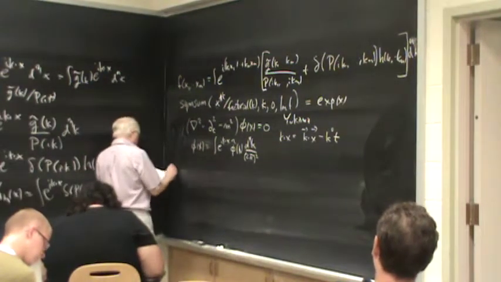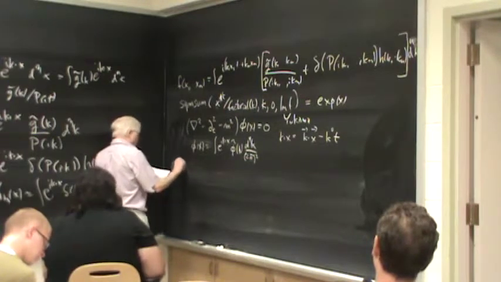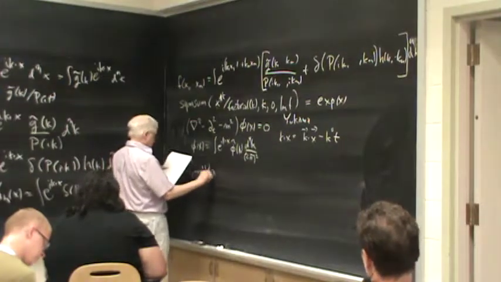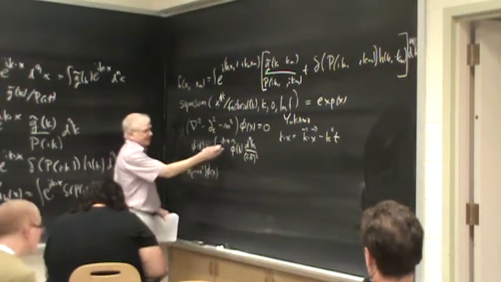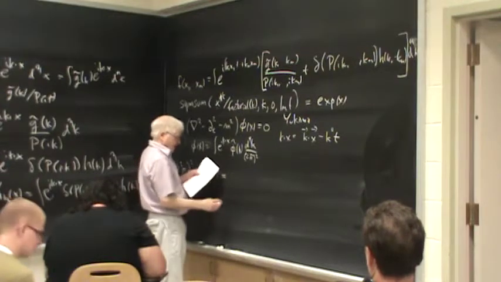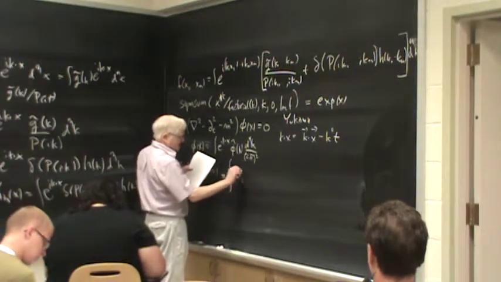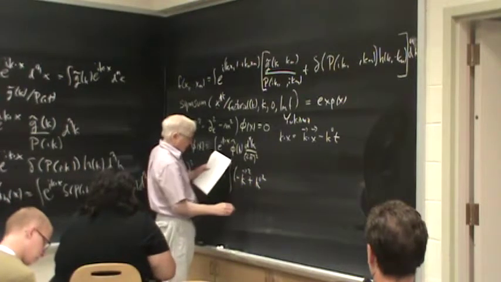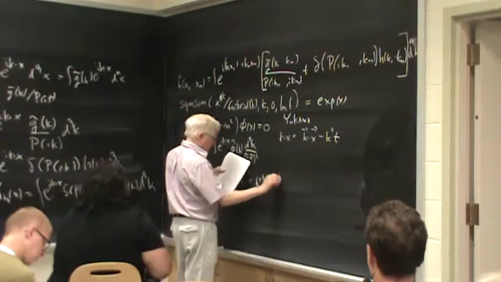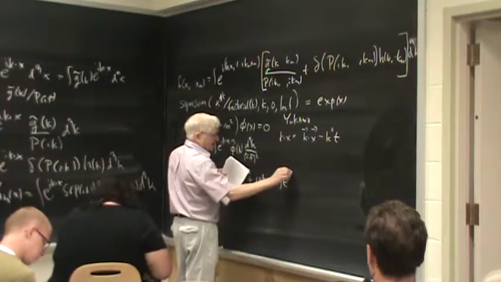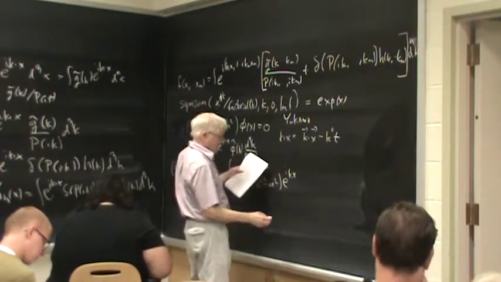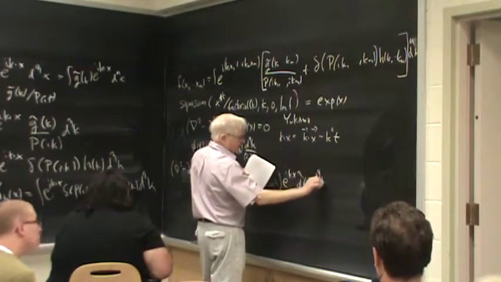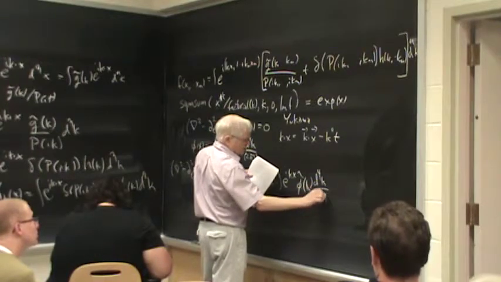So now, if we act on phi of x with grad squared minus d by dt squared minus m squared, and since this thing is squared, it really essentially makes no difference, you get an integral of minus k vector squared plus k0 squared minus m squared, e to the i k x, phi tilde of k, d^4k over (2π)^2.